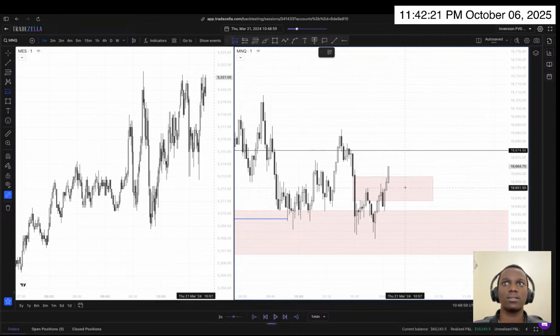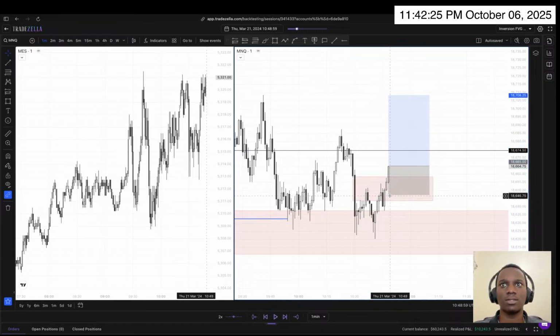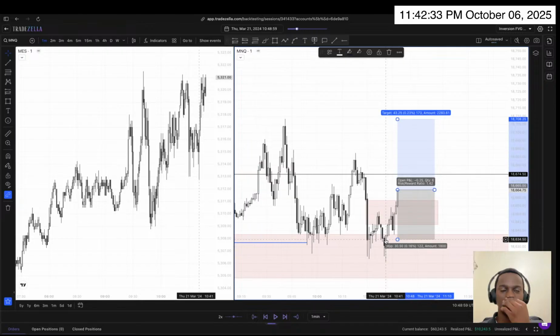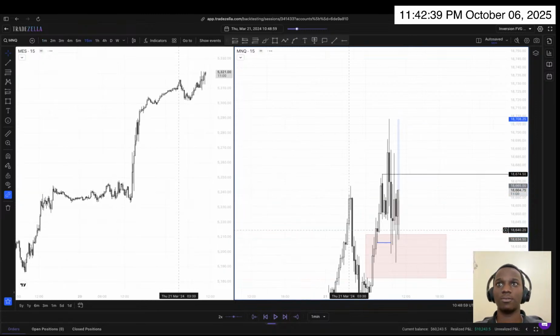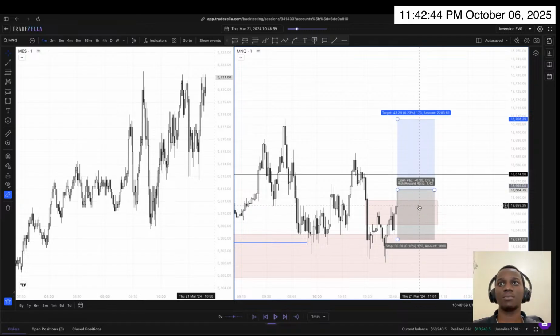This here will be like a 1-to-1, that's the problem, but it will be something like this. 33 times 2. Well, from here to here there is an SMT now on the 15. We all close inside this gap, which makes me think that we could possibly head higher.